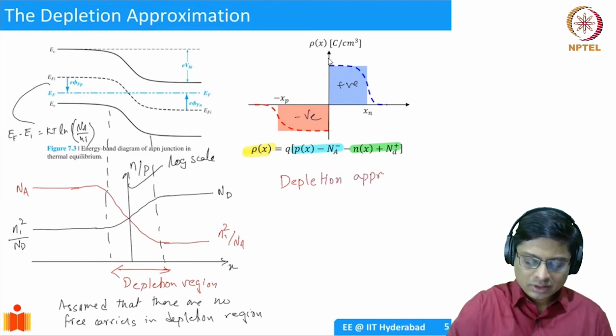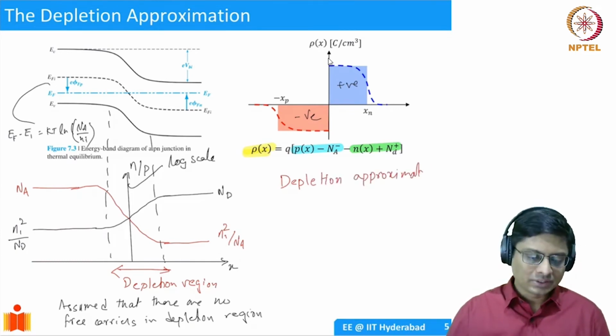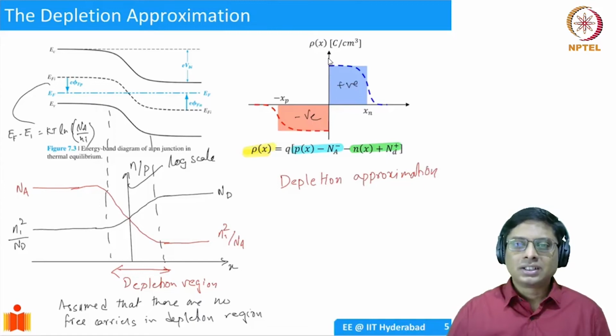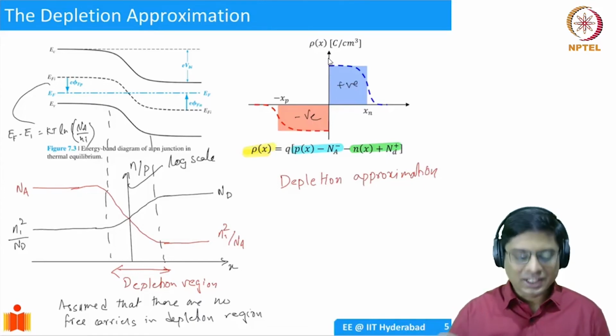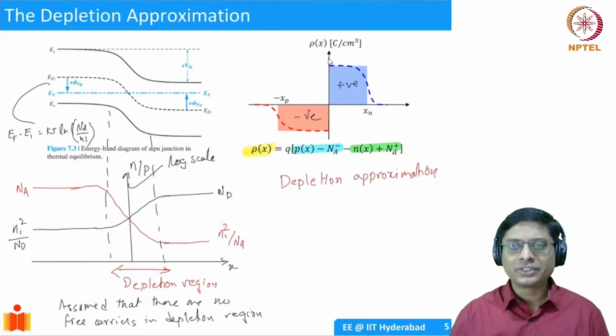If you make this approximation, it is going to give you some numbers. We will see in the next lecture towards the end, I'll give you a short demo, and you will see that this is going to be almost close to the exact numbers.